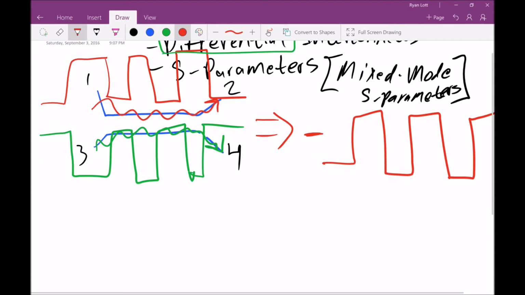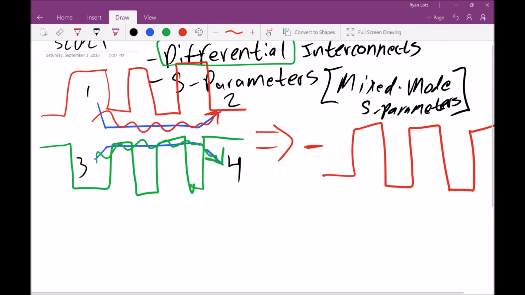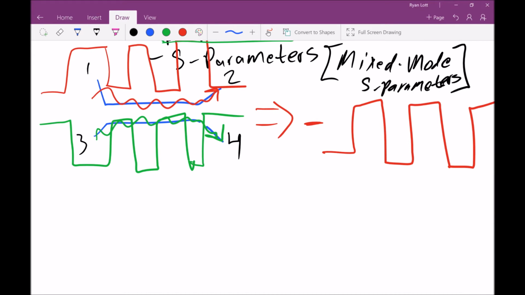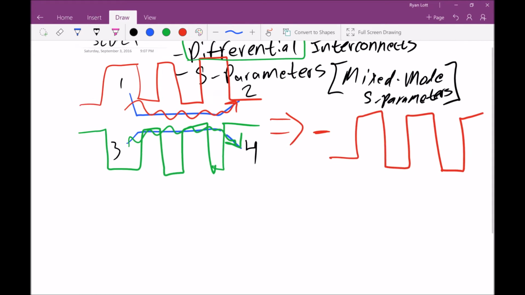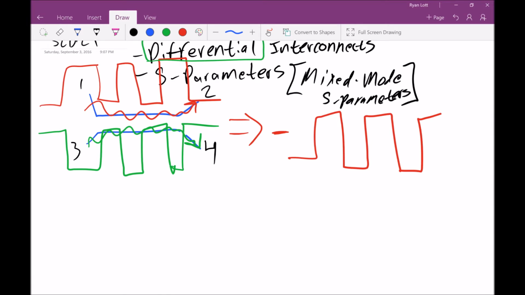And basically what I'm getting at is that even though this is what is intended, there still is sometimes a little what we call a common component that gets added into this equation. So again, things are expected to be equal and opposite in a differential channel. However, this is never the case.